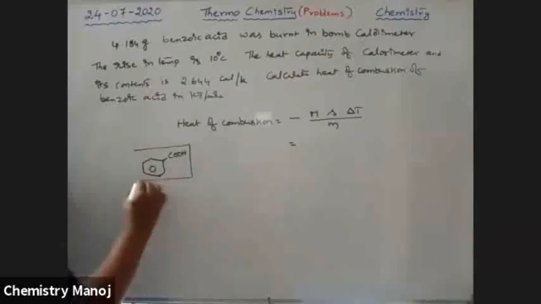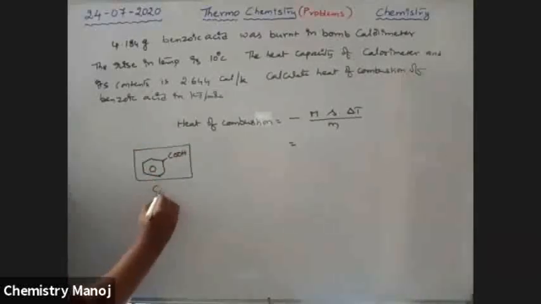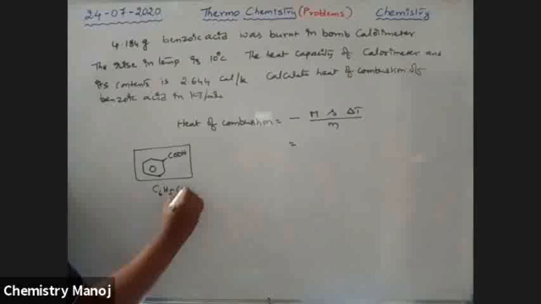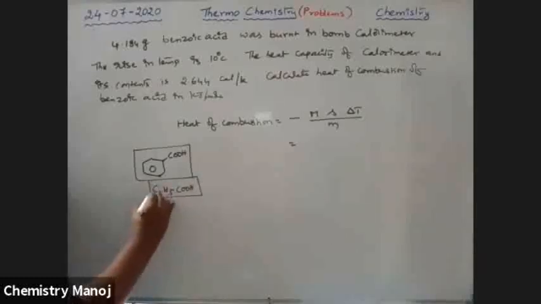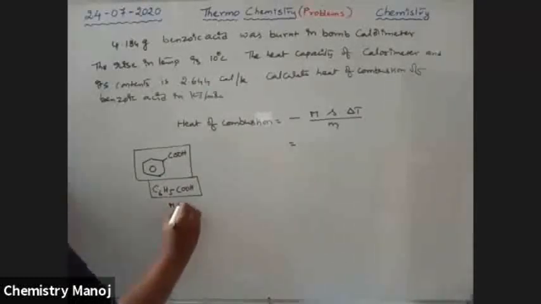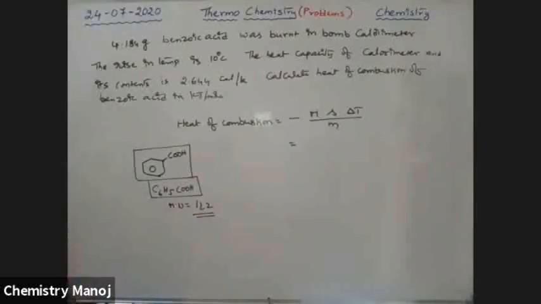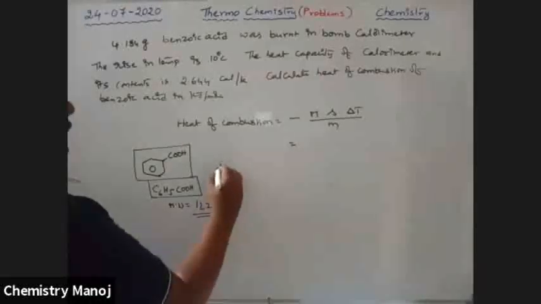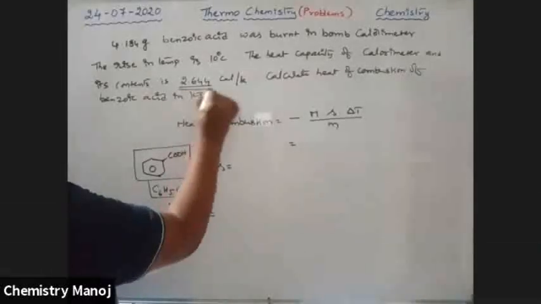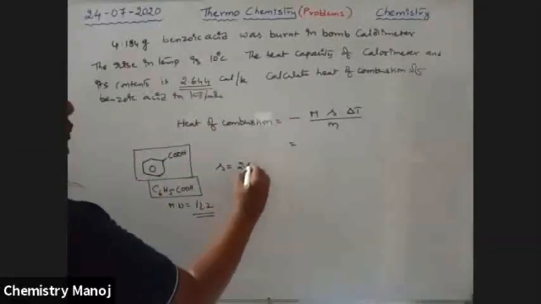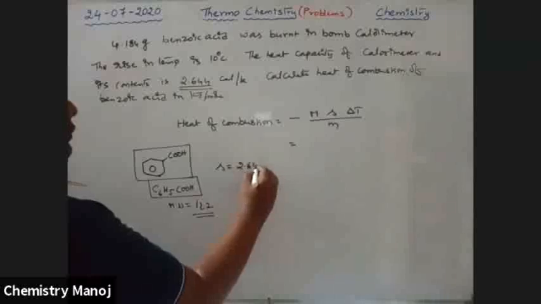Benzene with a COOH group, this is benzoic acid. That means C6H5COOH is the formula of benzoic acid. Its molecular weight is 122. So S is the specific heat capacity, which is given as 2.644.